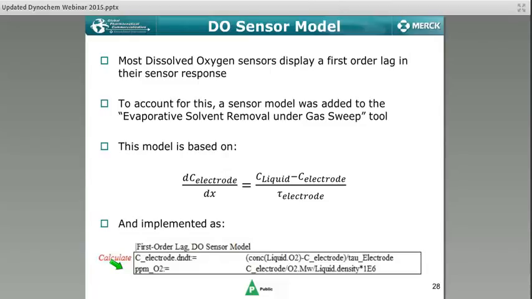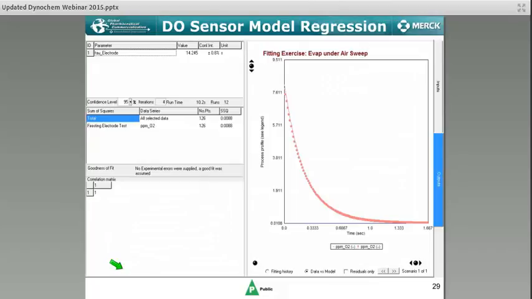Once we have that sensor model built in, we can use that exact same model to do a regression of the sensor itself. In this particular case, this is not a reaction per se; instead I'm instituting a step change in O2 level and seeing how the detector responds. Said a little differently, I started in aqueous solution saturated with air, and took out the probe and quickly moved it into a solution that was devoid of air, where we had been bubbling nitrogen through.